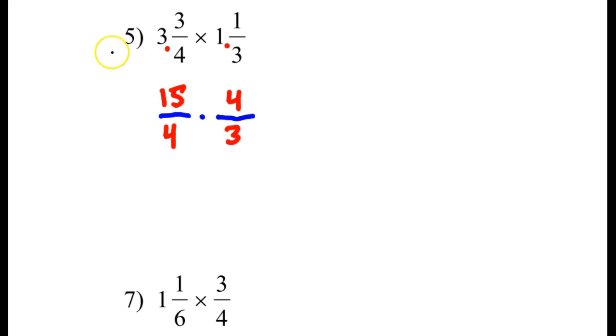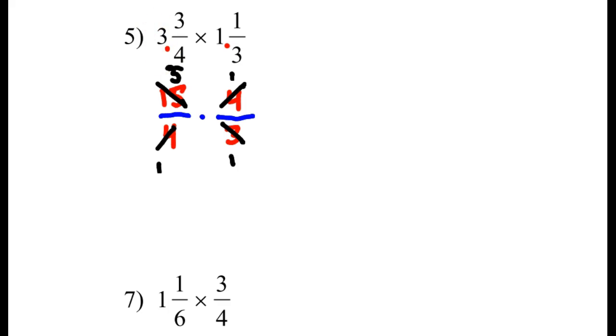And let's cross cancel. So, you guys ready to cross cancel? Cross cancel the 4's, and we get 1 and 1. 4 goes into 4 one time, and 4 goes into 4 one time. And then 3 goes into 3 one time. 3 goes into 15 5 times.